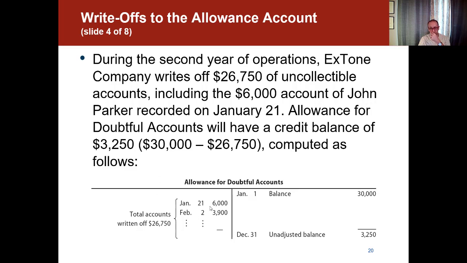So see here, it's 6,000, and then we have 3,900 and some other values which happened during the year. So allowance for doubtful accounts will have a credit balance of 3,250. Why is that? Because we had a balance of 30,000, we wrote off 26,750, so we end up having a credit balance of 3,250.